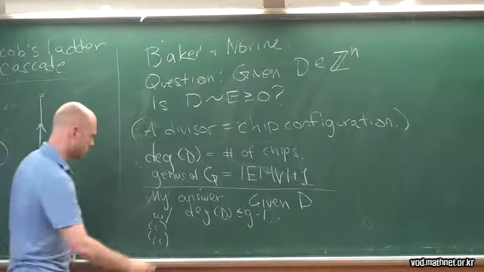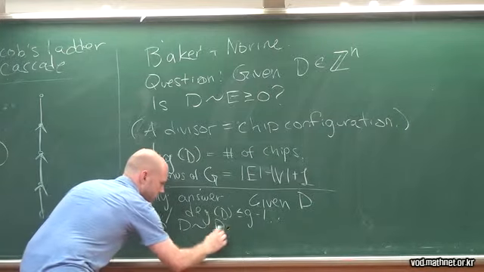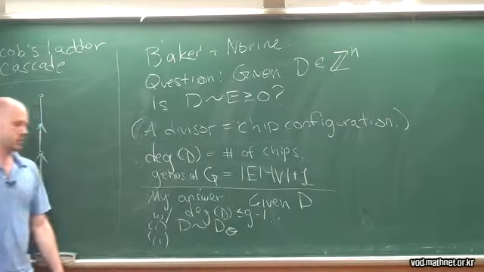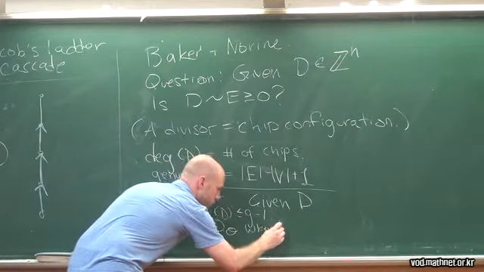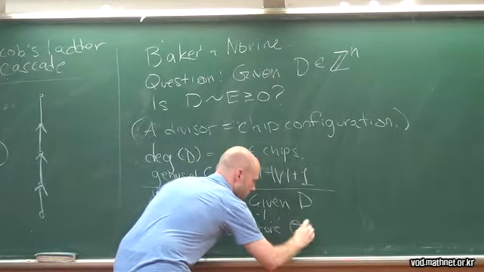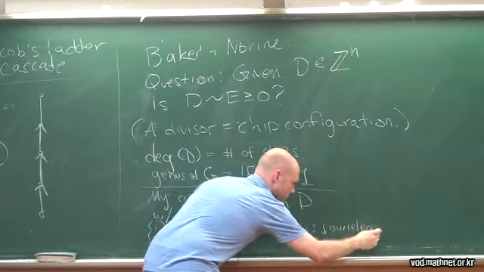Yeah, okay. So one option is that D is equivalent to some divisor associated to an orientation O where O is sourceless.